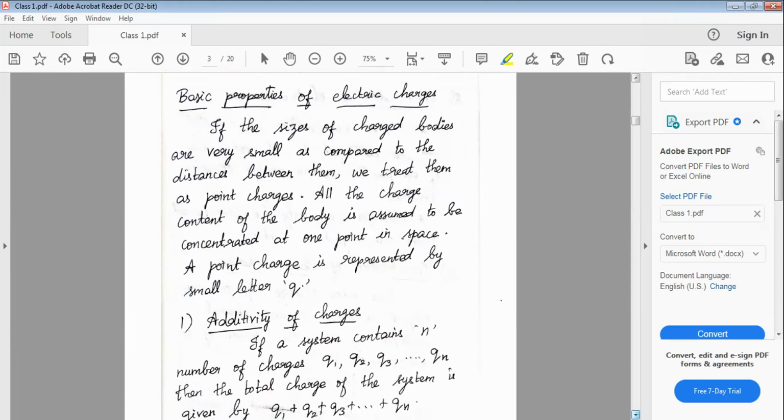Before going into the various formulas and equations, we need to understand the meaning of this point charge. What is the meaning of point charge?